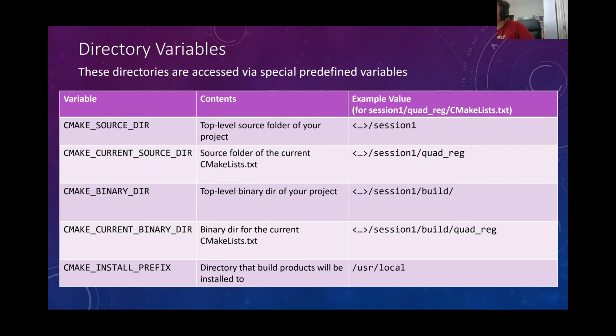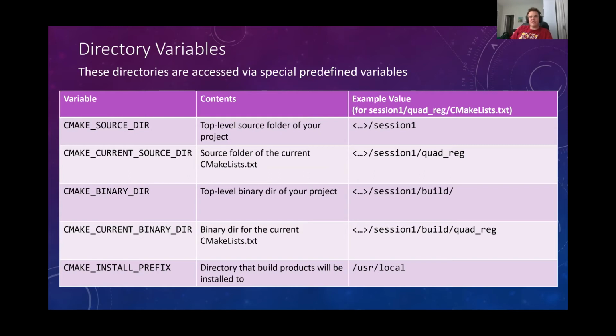It would suck if I forgot to do it like that. Okay, it is a bit different. Basically, if you had a CMakeLists.txt in quadreg, then for that CMakeLists.txt, the current directories would refer to the quadreg subfolder. But then you have the non-current ones that always refer to the top level directory.